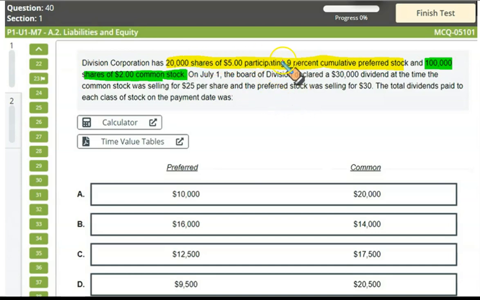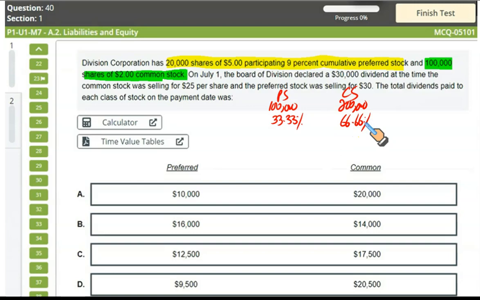We have 20 times 5, we have $100,000 worth of preferred stock, and 2 times 100, that is $200,000 worth of common stock. If you see the relative proportion of capitalization, 100, 200, 300, 100 by 3, 200 by 3, so you will see it is effectively 33.33% of the total equity, and this is 66.66% of total equity.